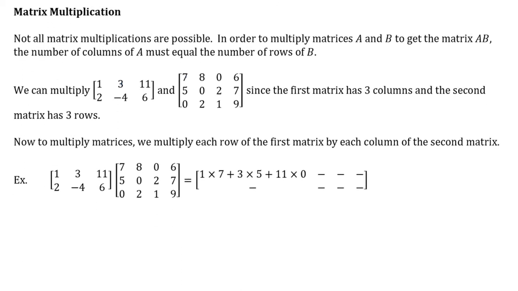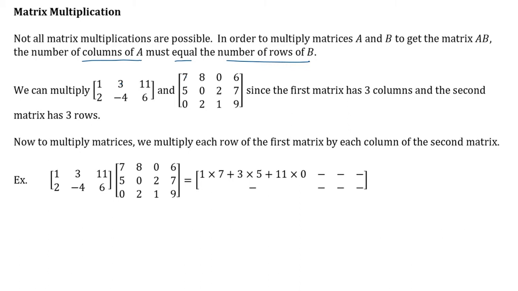Now, matrix multiplication is the one we're going to spend a little bit more time on because it is a little bit more tricky. First of all, kind of similar to summing matrices, not all multiplications will be possible because in order to multiply matrices A and B, this is what's important, the number of columns of A must equal the number of rows of B. So let's take a look.